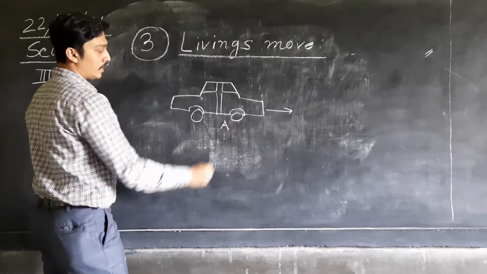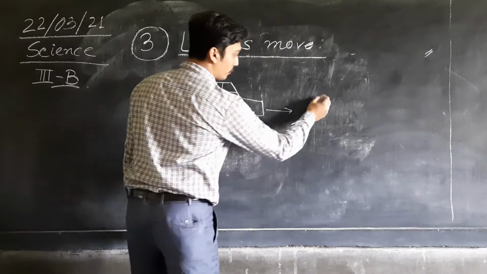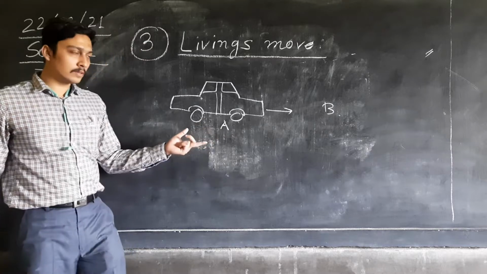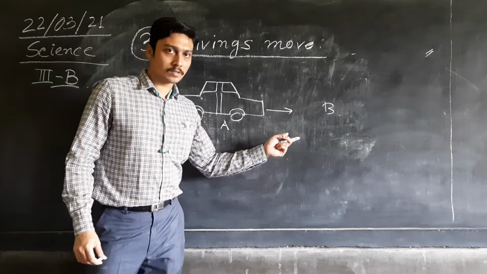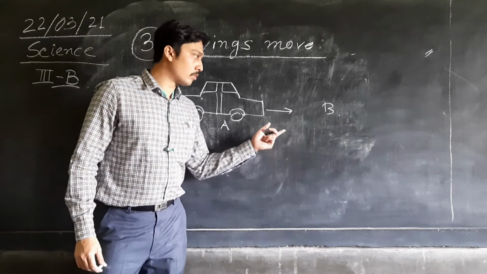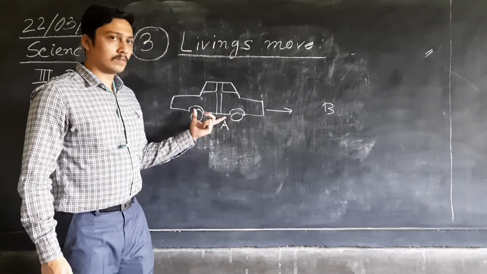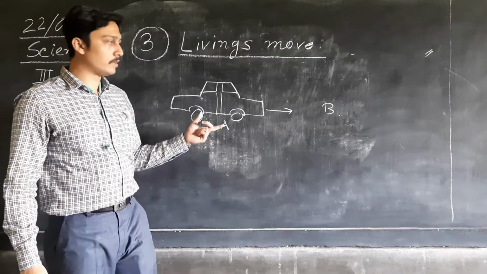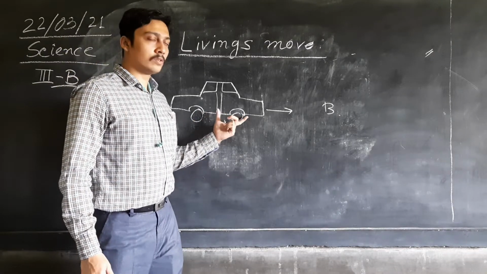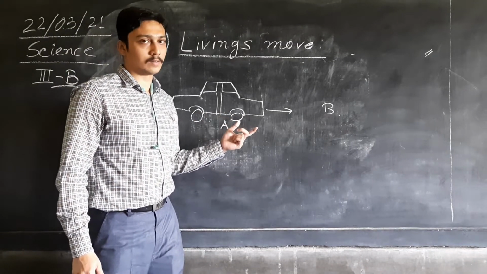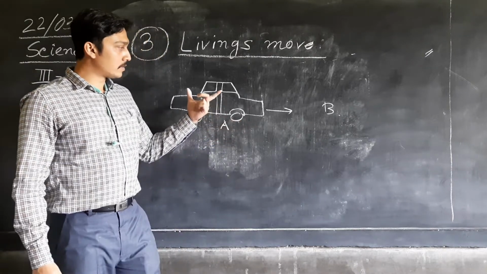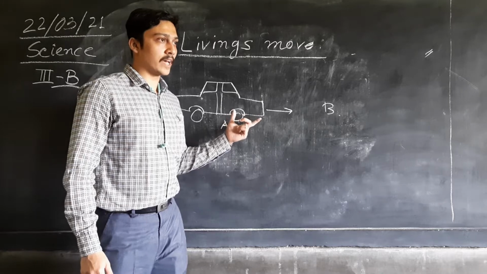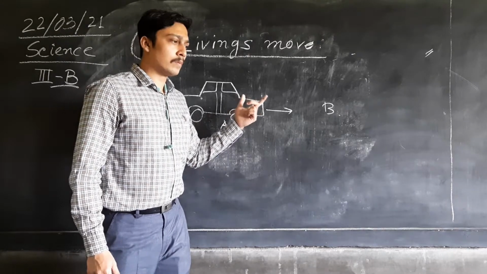Suppose it is at A and moves to B. So they are moving from one place to another place. So is it a living thing? No, this is not a living thing. This is a non-living thing, because a car has to be driven by a man.